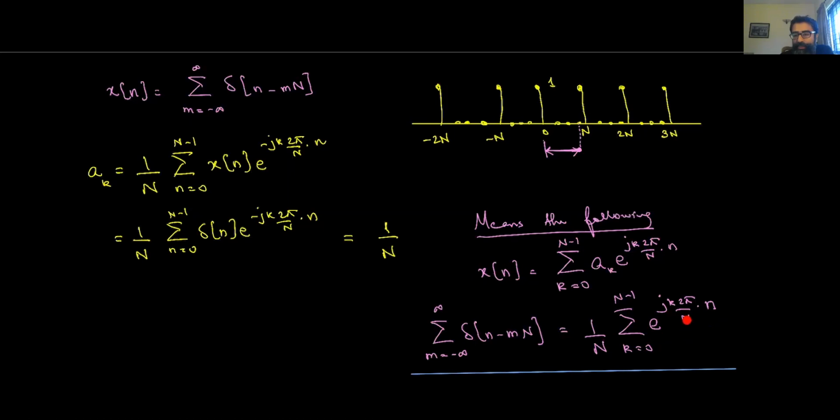Then it's still non-zero. What if n equals 2 times capital N? Then it's still non-zero. So something to think about. At the end of the day, when you think about it, everything makes sense. The Fourier analysis makes perfect sense.